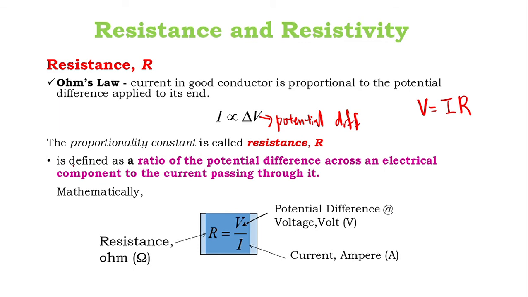Resistance is defined as the ratio of the potential difference across an electrical component to the current passing through it.